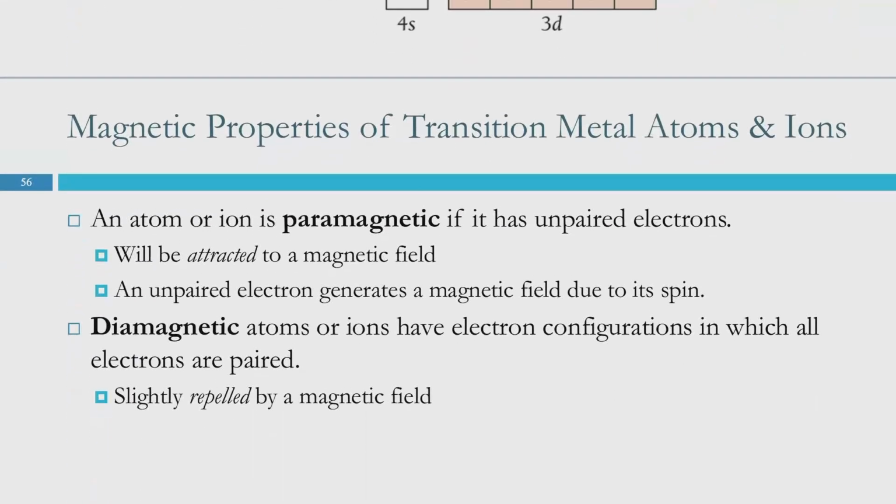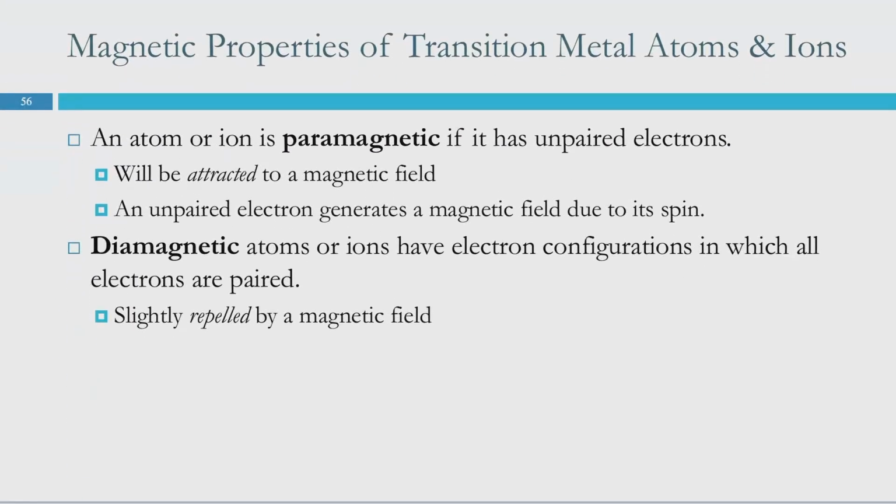And the reason that we talk about this is so that we can talk about atoms or ions being paramagnetic or diamagnetic. So paramagnetic has unpaired electrons, and paramagnetic ions or atoms will be attracted to a magnetic field. And this is due to the unpaired electrons. They can generate a magnetic field because they've got spin.